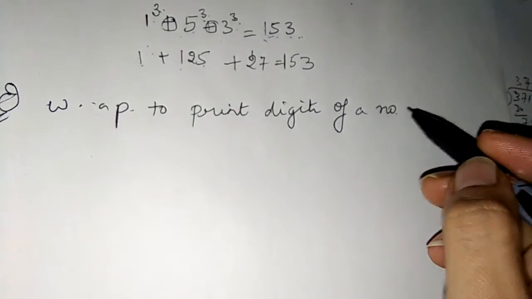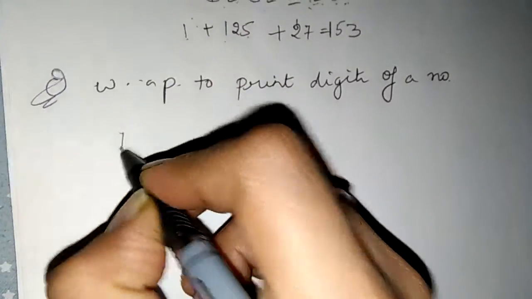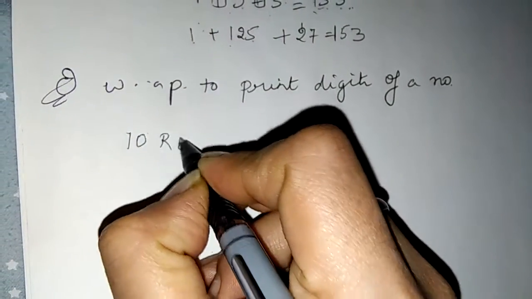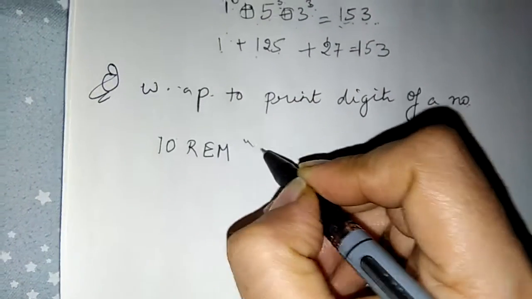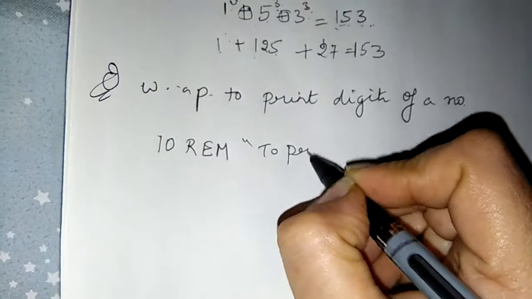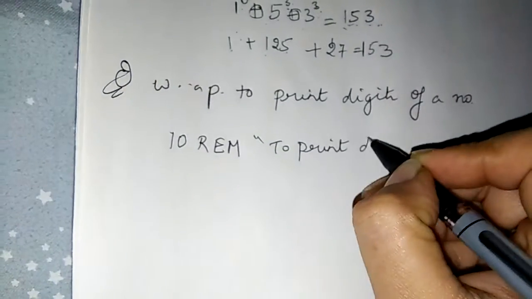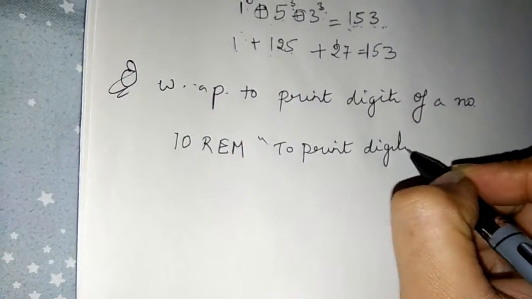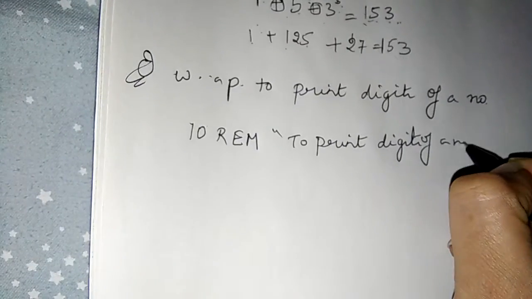Now the number has to be input by the user itself. So let us begin. First, rem to print digits of a number.